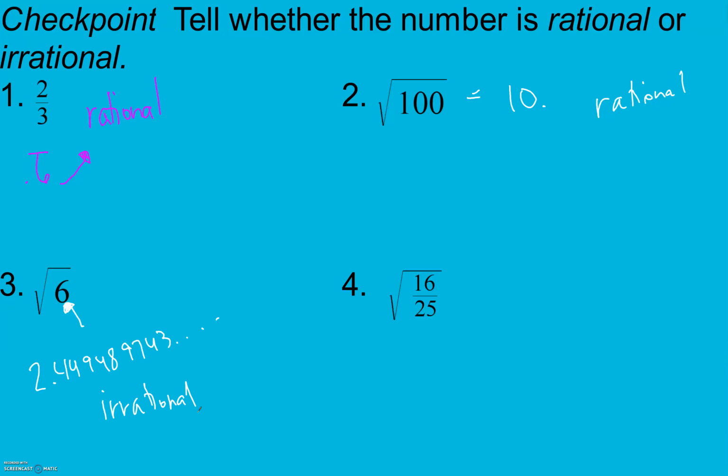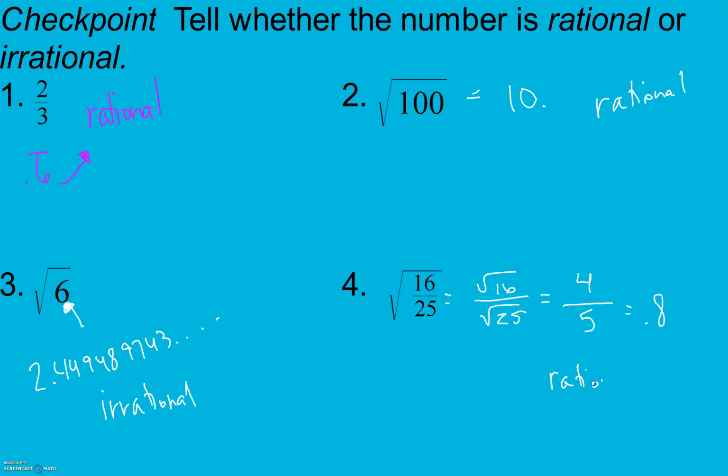And then number 4 here, remember we can split this up as 2 square roots. I can take the square root of 16 and the square root of 25. The square root of 16 is 4. 4 times 4 is how I get to 16. The square root of 25 is 5. 5 times 5 is how I get to 25. And since both of those are integers, I can divide them and get 0.8 if I'd like, which is a terminating decimal.